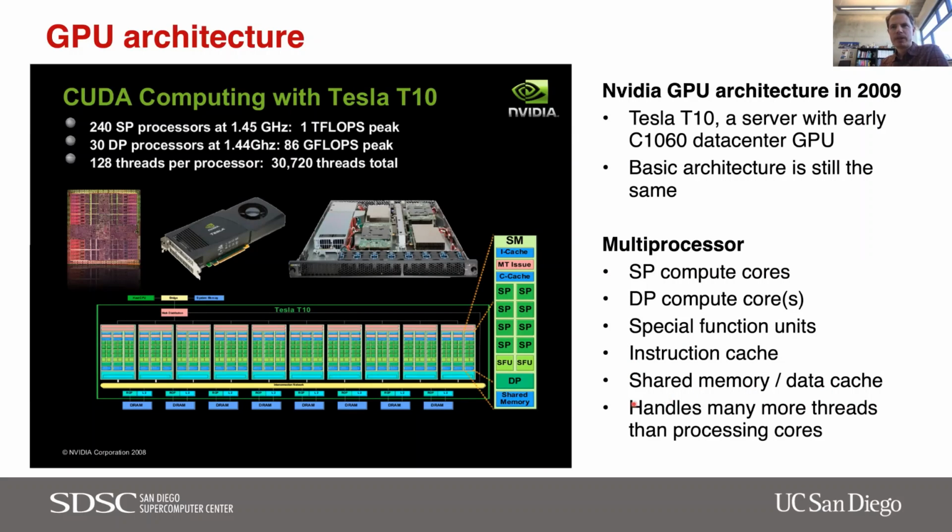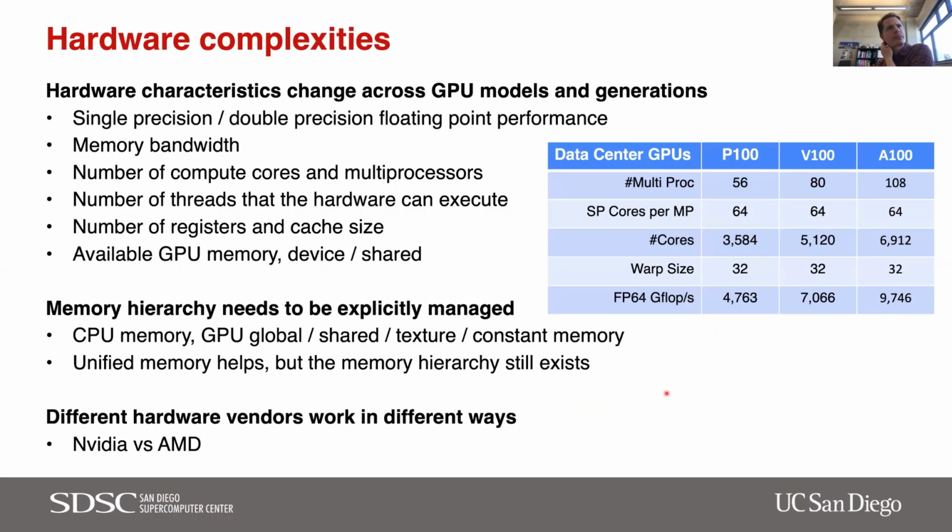One thing to keep in mind is that it handles many more threads than processing cores. When you write a CUDA program for the GPUs, you should launch it with many more threads than you have compute cores available in total. Modern GPUs have thousands of compute cores. The hardware characteristics, of course, change across GPU models and generations.